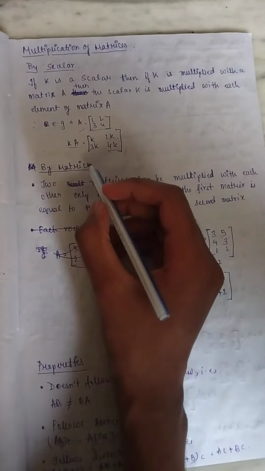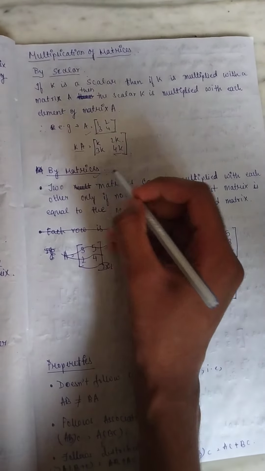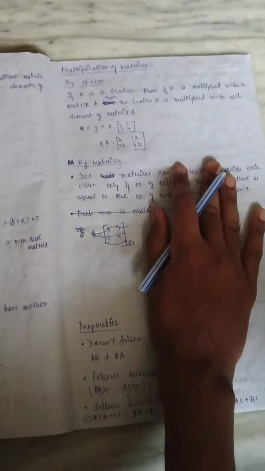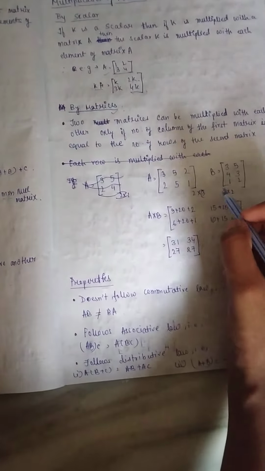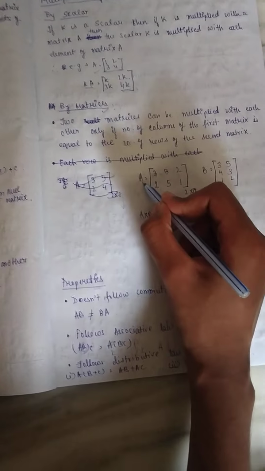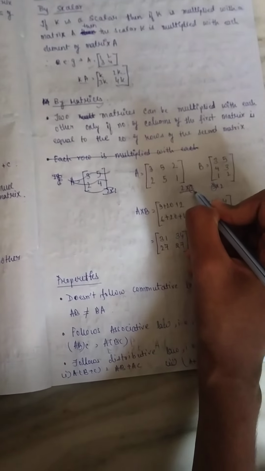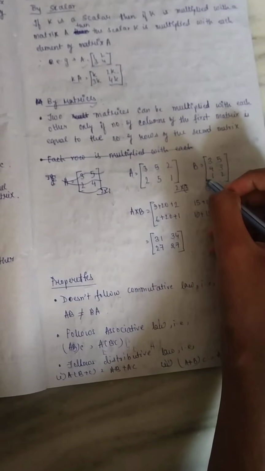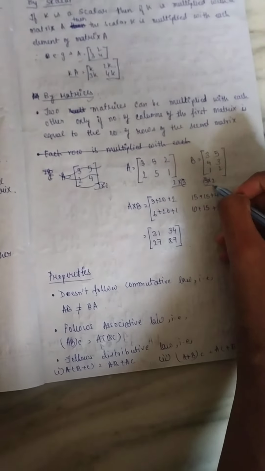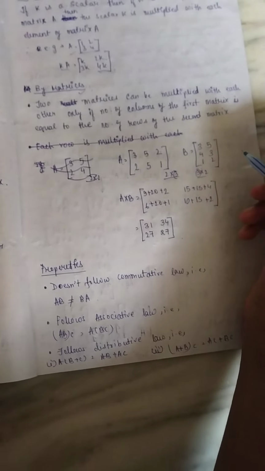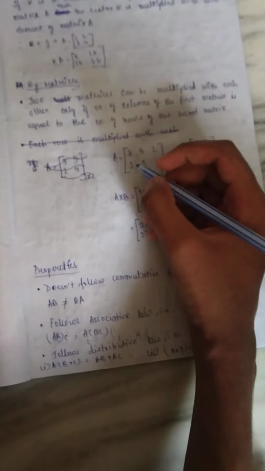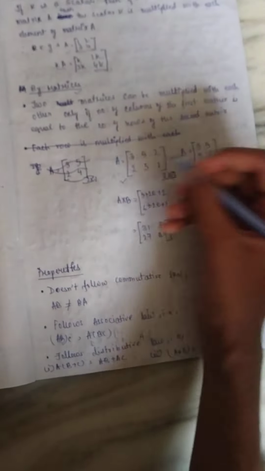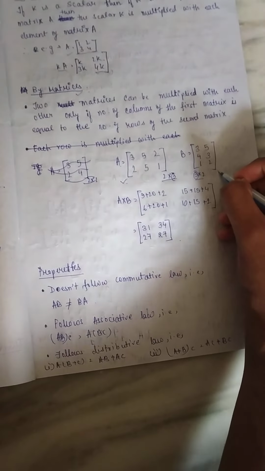And when we multiply a matrix by a matrix, then the story changes a little bit. Suppose A is a matrix of order 2 by 3 and B is a matrix of order 3 by 2. The first condition we have to look for before multiplying is that the number of columns of the first matrix should be equal to the number of rows of the second matrix.